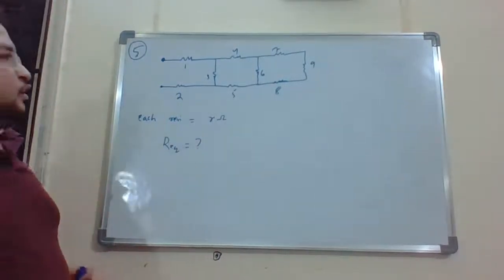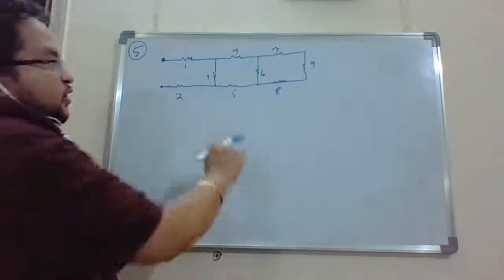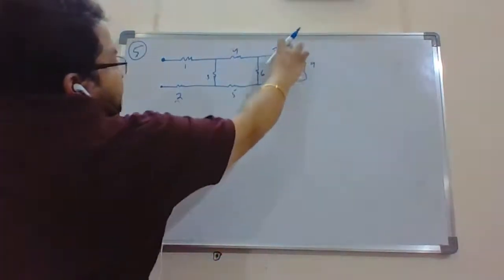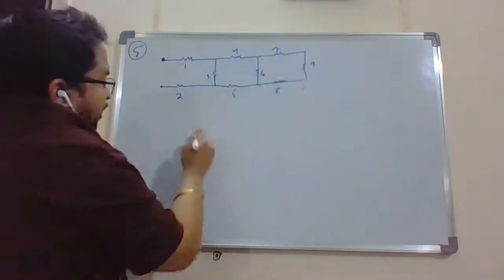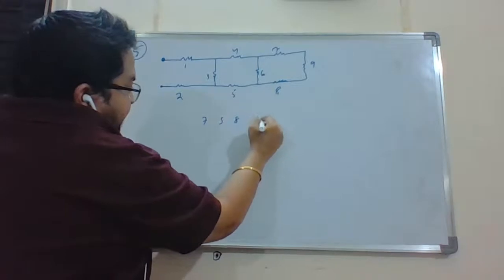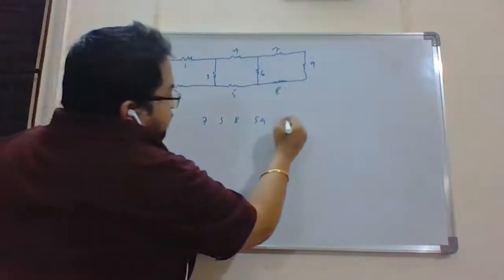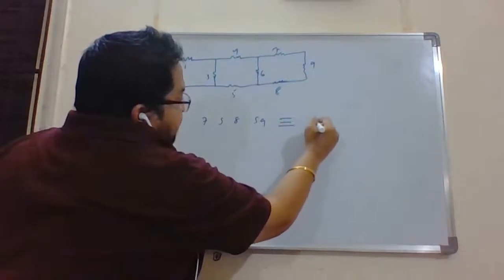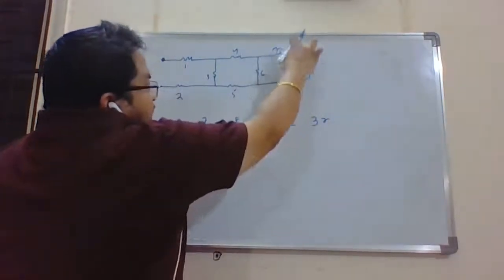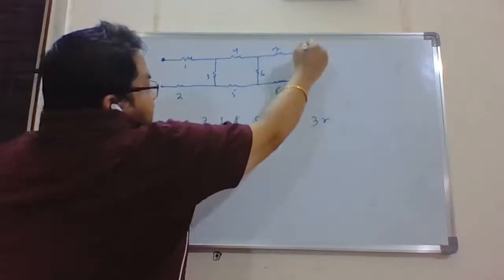Again, very simple. We will follow the old funda. So now I can say 7, 8, and 9, all three are in series. If 7, 8, and 9 are in series, this equivalent resistance would be 3R, R plus R plus R. Why are 7 and 8 in series?